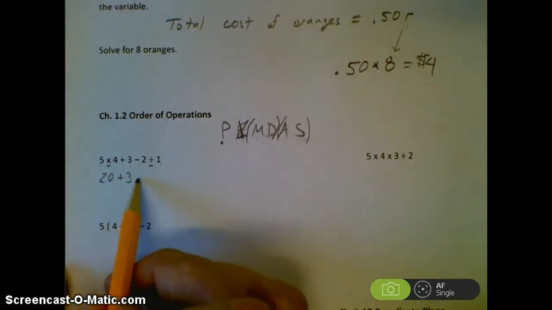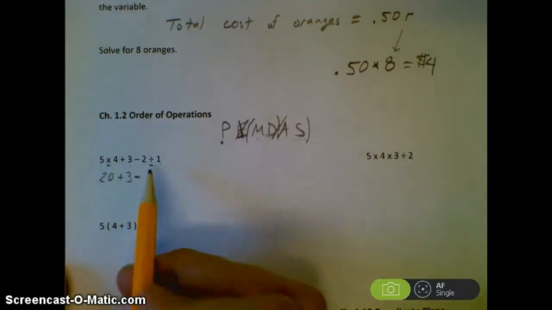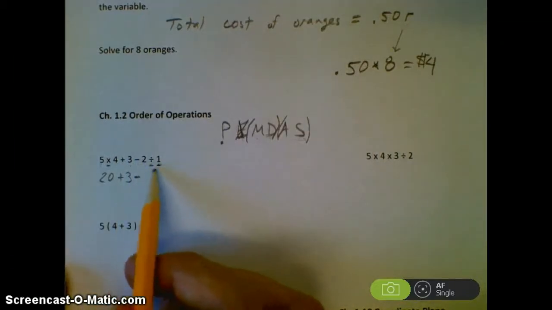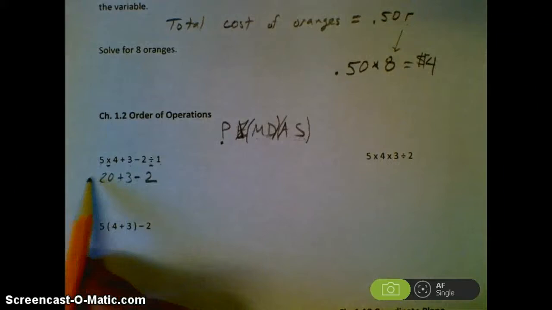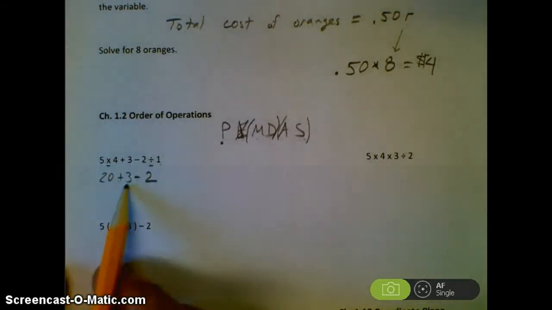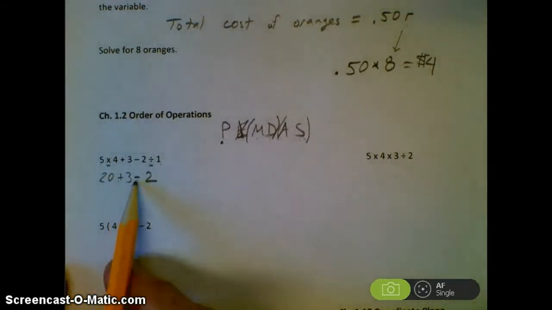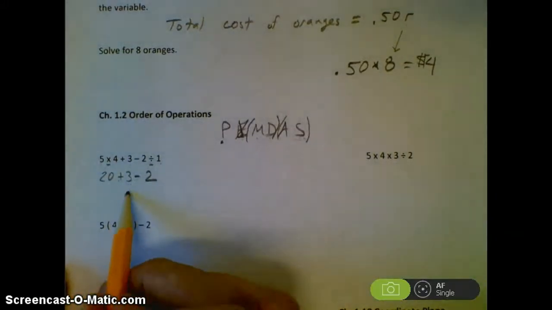I'm going to bring down minus, but it's 2 divided by 1. I have to do that division. So 2 divided by 1 is 2. So now I've got addition and subtraction. Those are basically the same to me. So I work left to right. 20 plus 3 is 23. Minus 2 is 21.